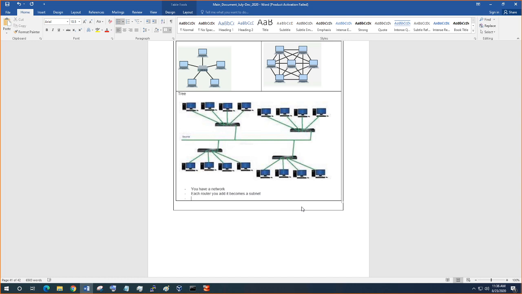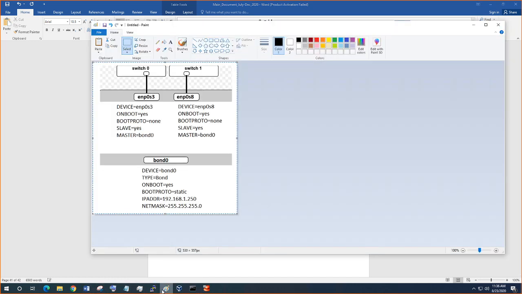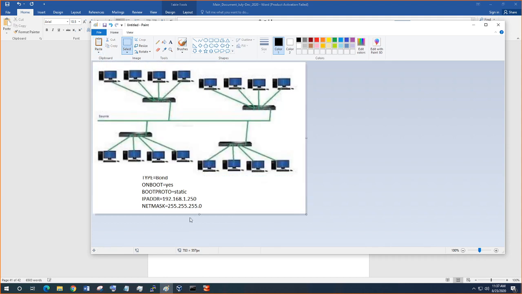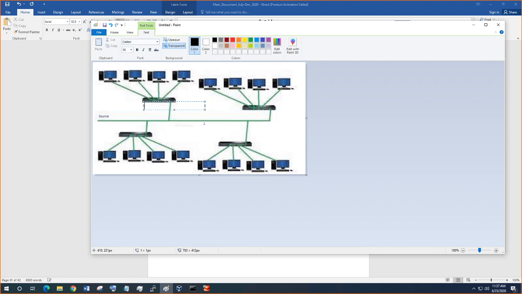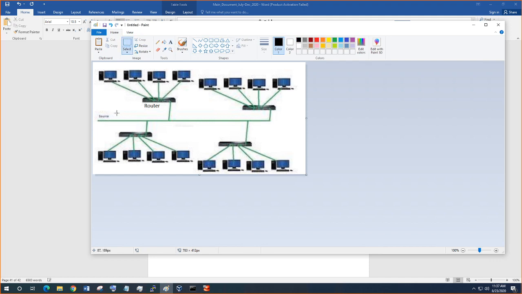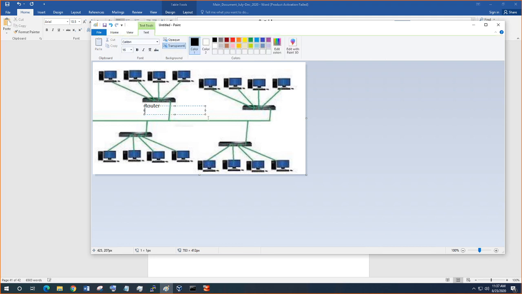Okay, and the maximum you could have here, so I'm going to say these are the routers here, right? This is the router here, and it's going to go like that, and the maximum each router produces is about 256 devices.